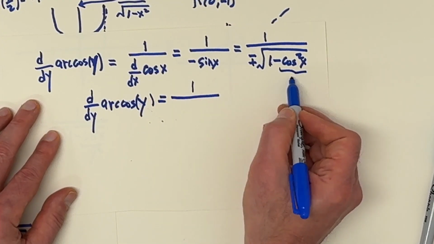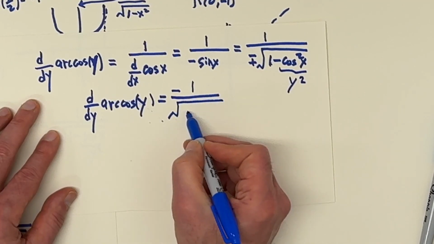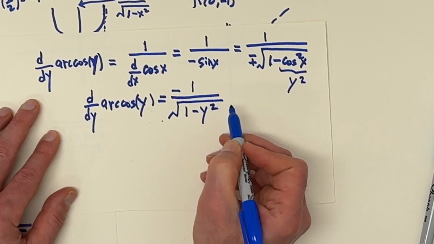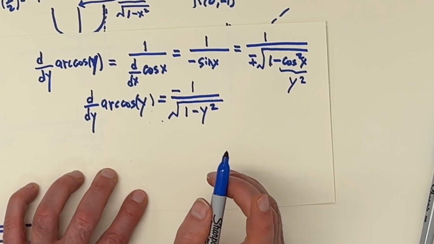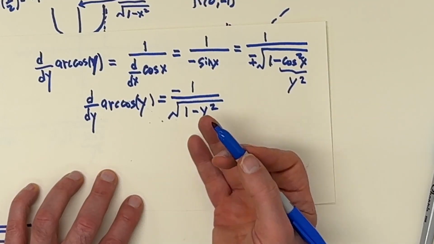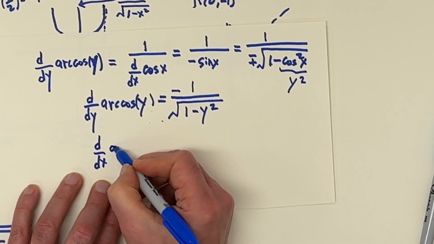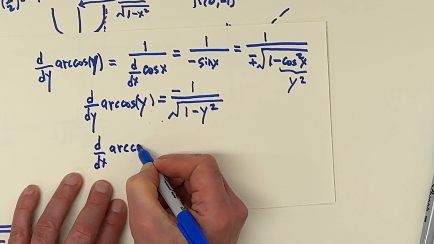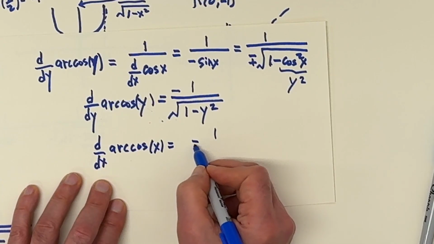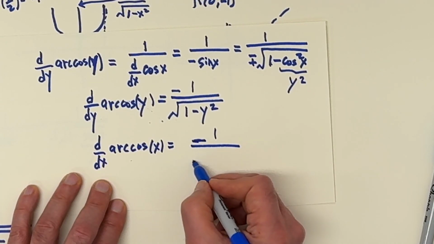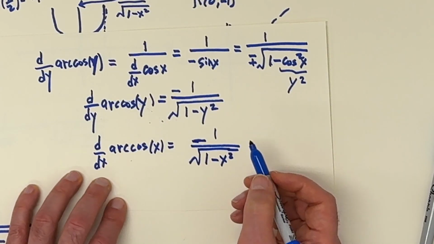So this is y squared. So we'll have here a minus sign, 1 minus y squared under the square root. And then, instead of using y, we use x, and we get our formula: the derivative of the arc cosine of x is minus 1 over the square root of 1 minus x squared, like this.